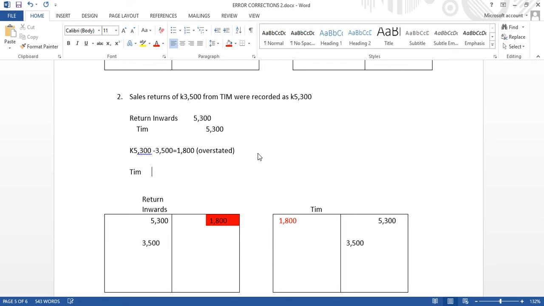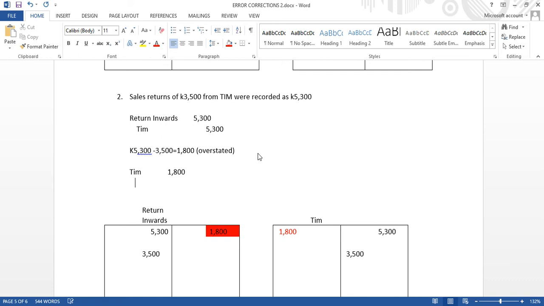How do we fix this error? We debit Tim 1,800 and we credit return inwards 1,800. And on your narration, say: being the correction of a transposition error.